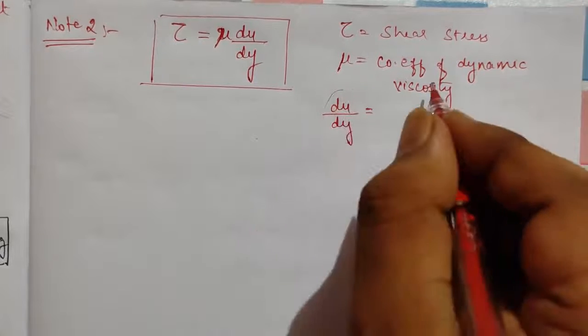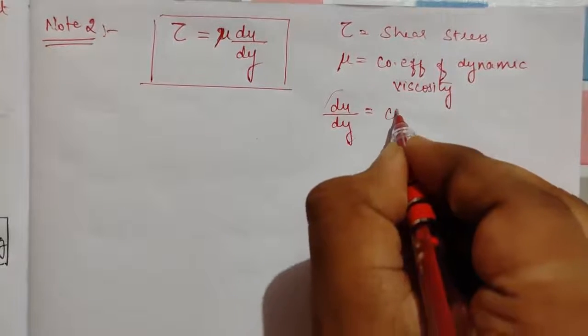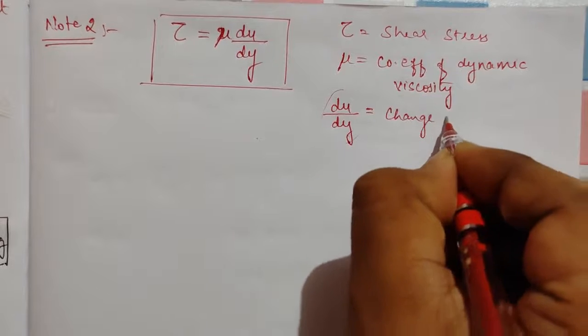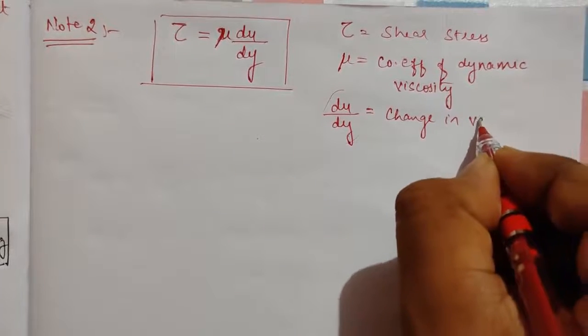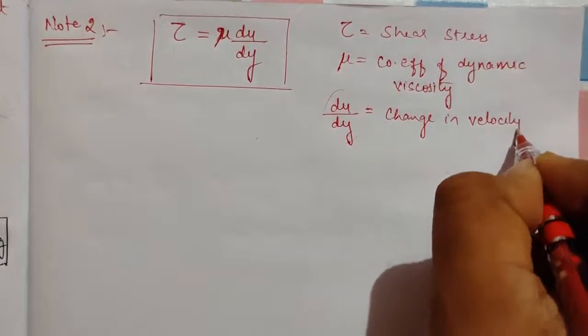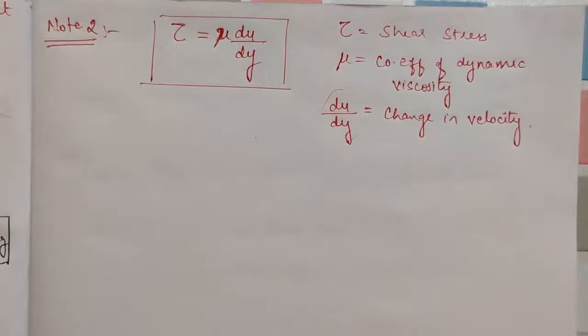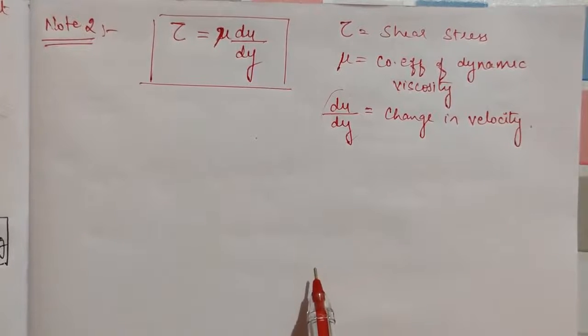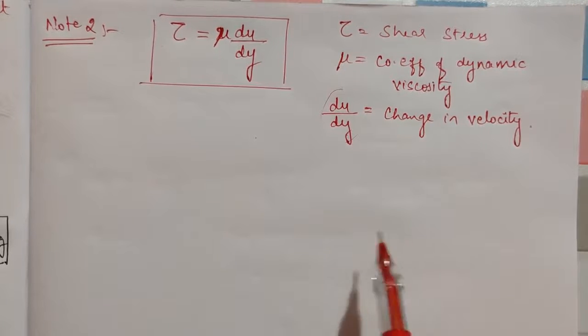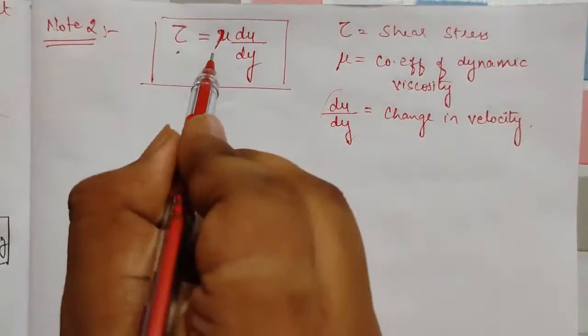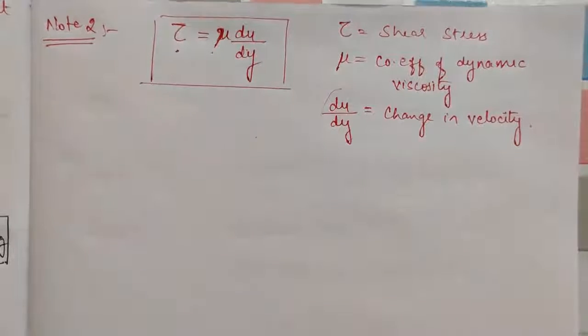It is nothing but the change in velocity, or it is also called velocity gradient. The difference in velocity per unit distance between two layers is called velocity gradient. So tau is equal to mu into du by dy. It is one of the formulas.